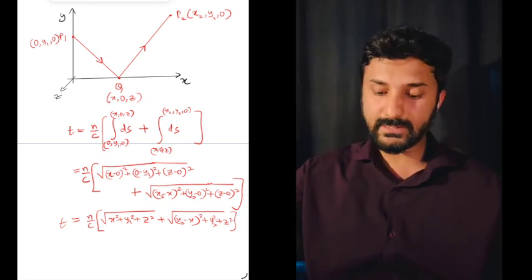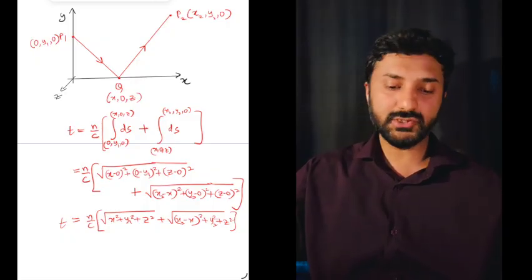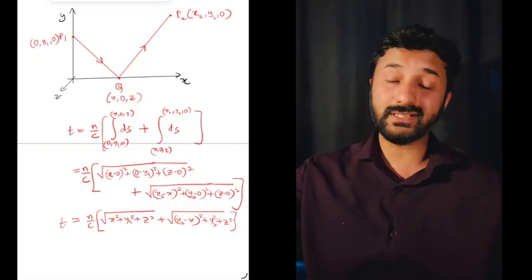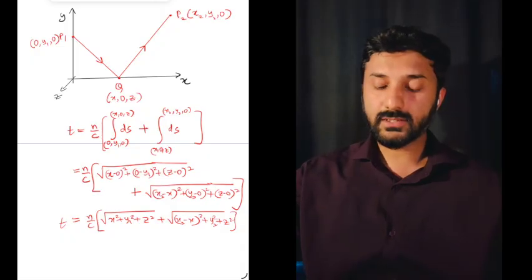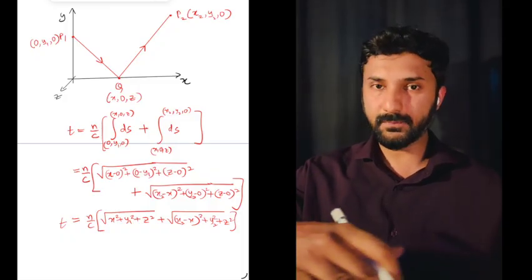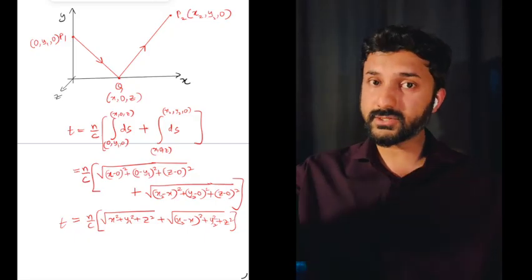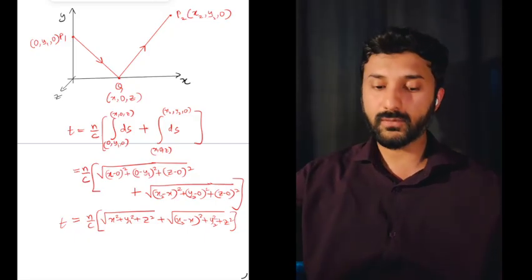So you have to minimize this time, and one way to look at minimizing time is to look at how time varies with z. You can imagine that if I alter the value of z, I'm basically changing where light is heading on the xz plane, and that in turn is going to affect the overall time it takes for light to go from P1 to P2.